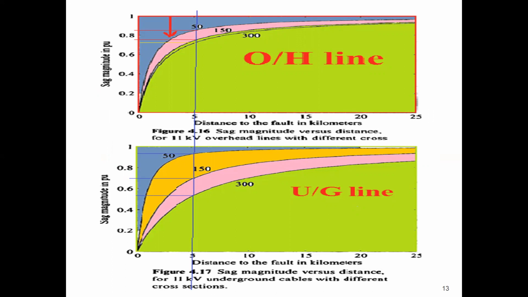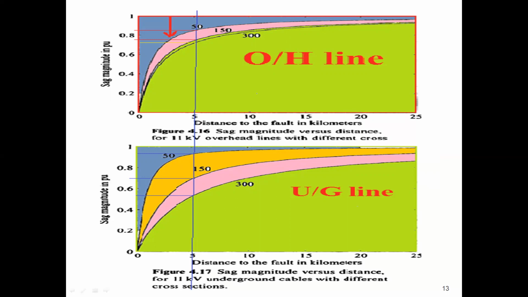It is the sag magnitude at the PCC as a function of distance between the fault and the PCC. This is for 11 kV overhead lines with three different cross sections: 50, 150, and 300. The one below is for underground cables, for the same 11 kV, with 50, 150, and 300.